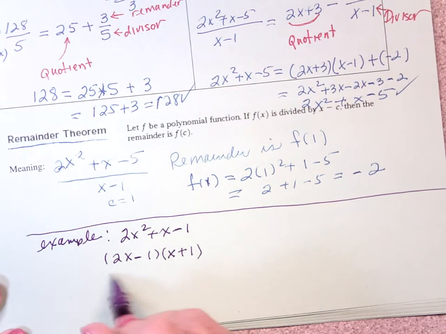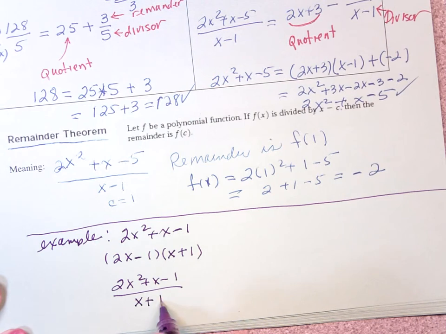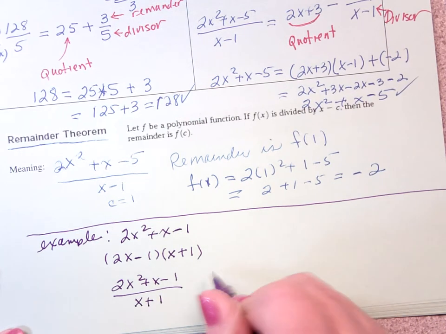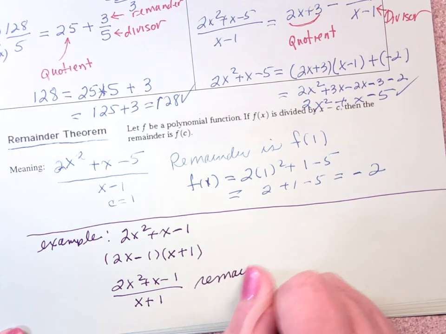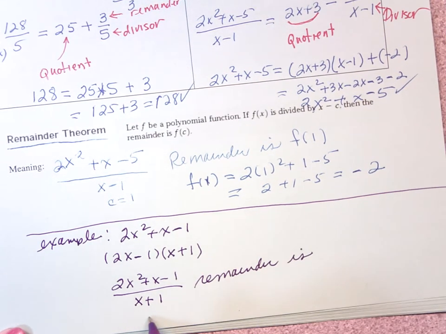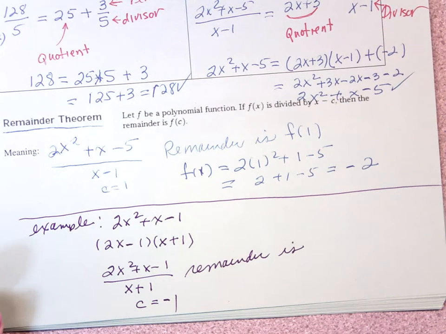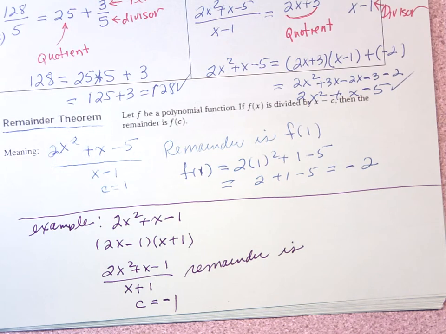This would say that if 2x squared plus x minus 1 were divided by x plus 1, the remainder is, because in this case c is negative 1. It's all like that left-right shift thing, because it's x minus c, so if it's a plus, it would be x minus a minus 1.